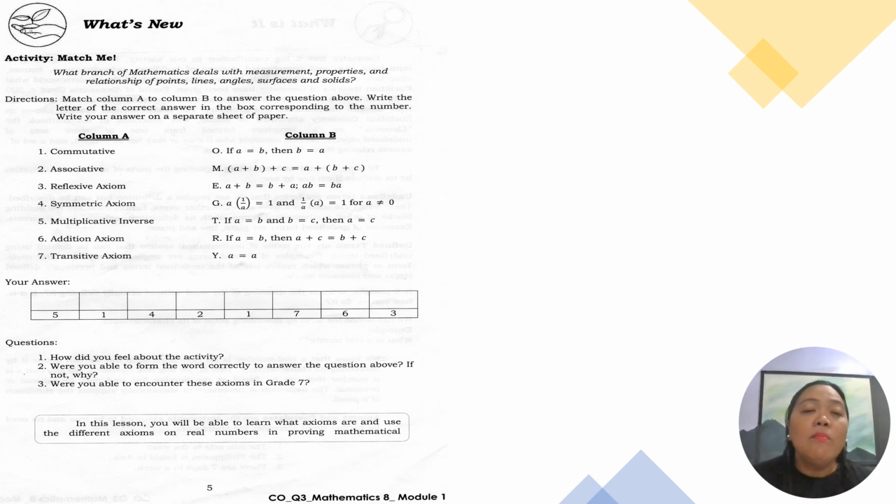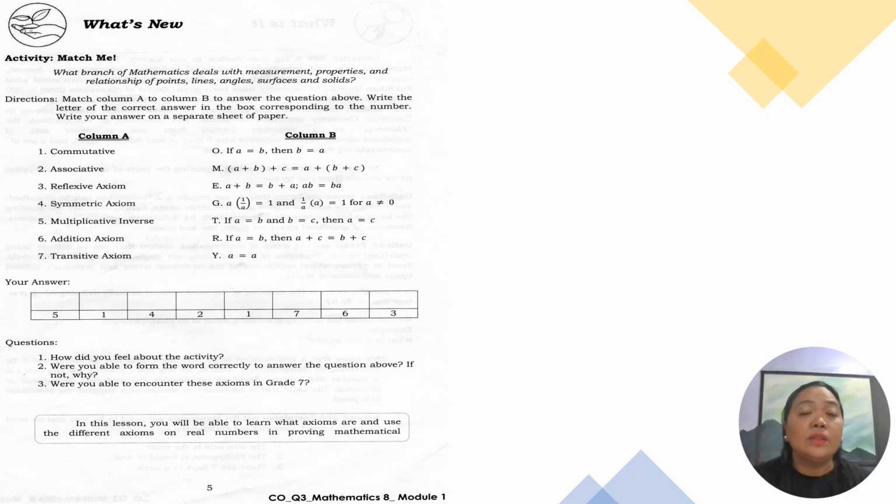Then, you match these equalities or actions to the letters in column B. Each letter shows an equality or action that corresponds to column A. If you find the letter of the answer, you have to write it directly in the box that corresponds to its number. Shall we do number 1?